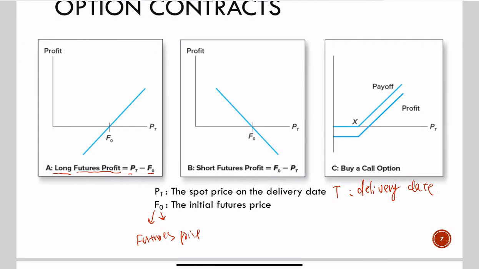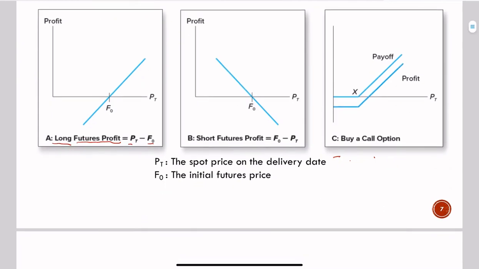Now you can use a formula to calculate the long position's profit: spot price minus F0. Then you can draw the relationship between profit and PT, the spot price.